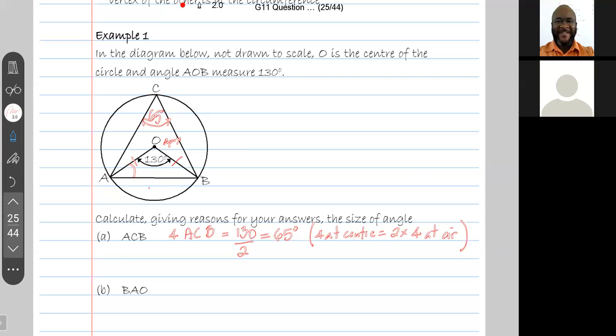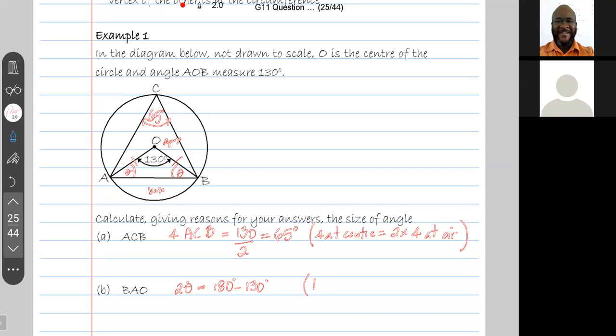This is the base. And the 2 base angles of an isosceles triangle are equal. So these 2 angles are equal. If we want, we could call this theta and call this theta. So 2 theta, which is theta plus theta, would be equal to 180 minus 130 degrees.